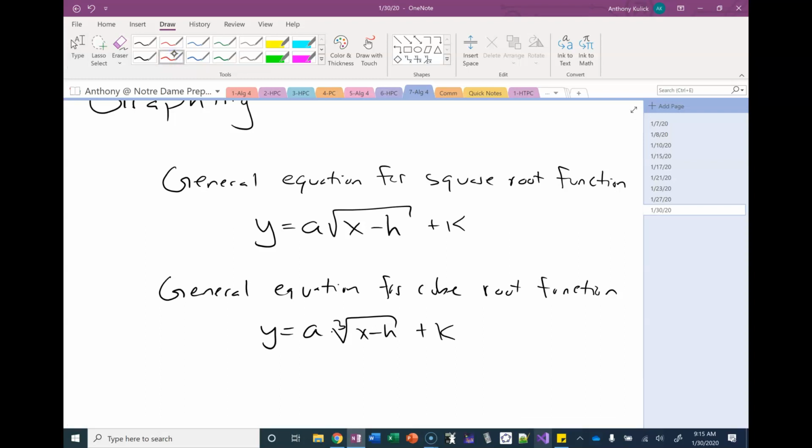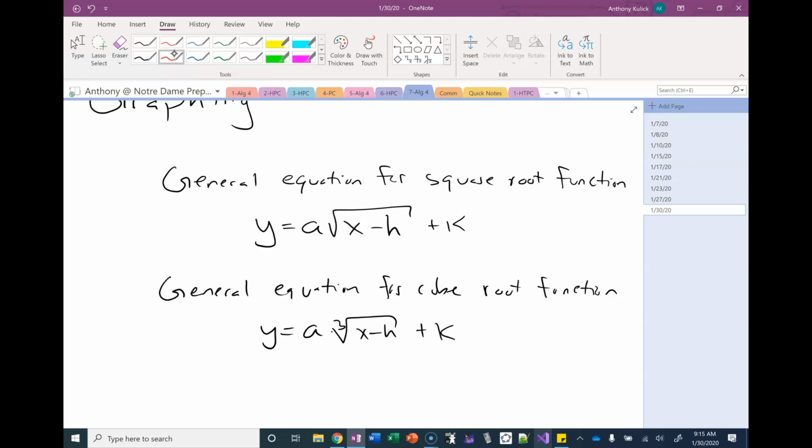Notice that we're using the letters A, H, and K to describe these parameters in this equation. We've used these letters before, and in fact, this is a situation where these 3 letters are going to describe transformations.